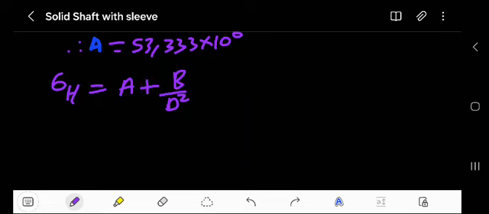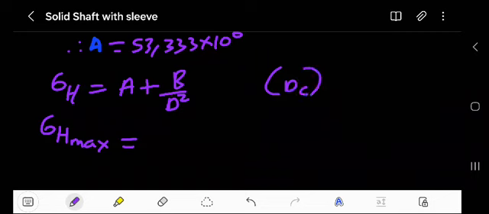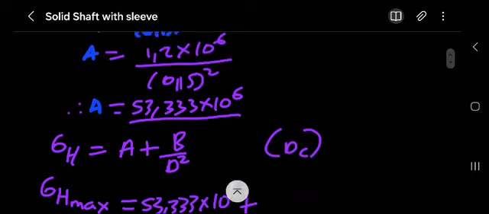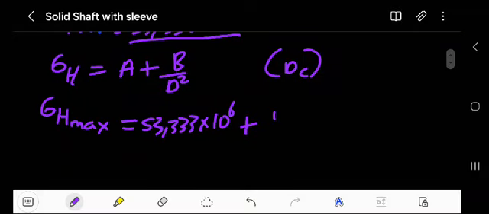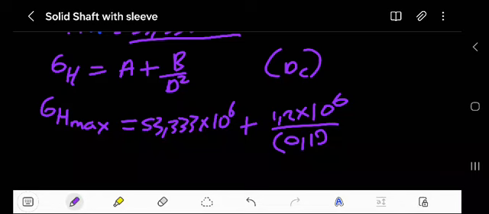So we can say, the hook stress maximum. We know the maximum will be at the common diameter. A is 53.333 times 10 to the power of 6 plus B, which is 1.2 times 10 to the power of 6, divided by the common diameter, 0.12 squared.